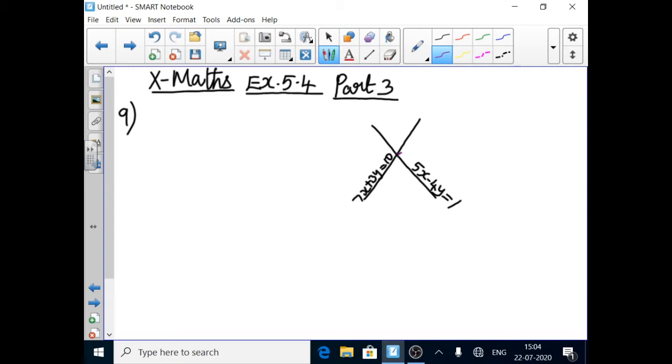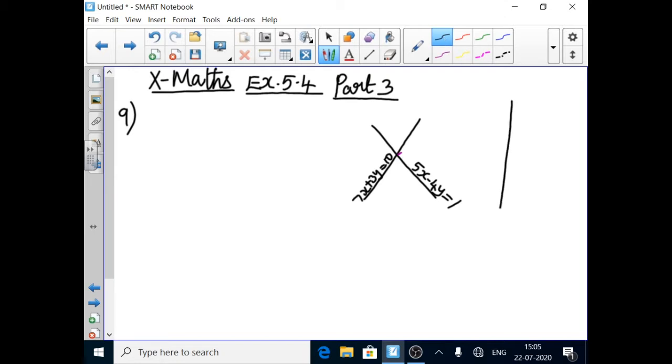Now, through this point of intersection we can draw so many lines. They ask for a line parallel to one given line.